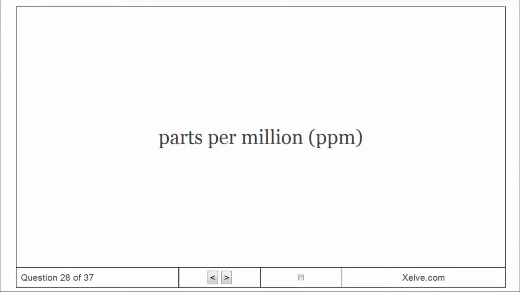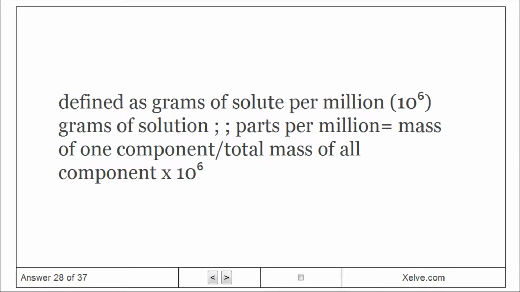Parts per million, defined as grams of solute per million grams of solution. Parts per million equals mass of one component over total mass of all components times 10^6.